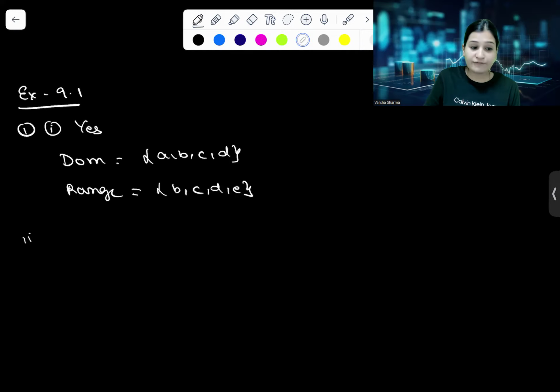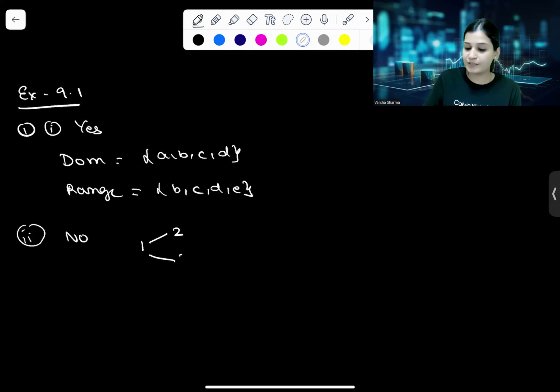Number 2. Is it a function? No, ma'am. Reason? 1 goes to 2 and 3 both. Third, is it a function? No, because again, 3 goes to 2 different places. Number 4, is it a function?